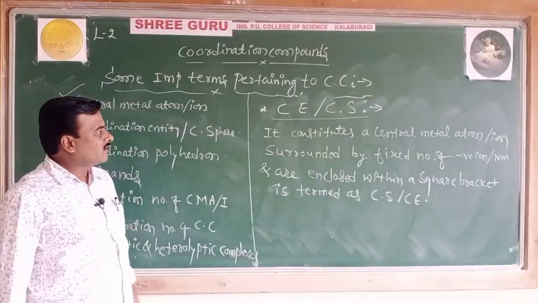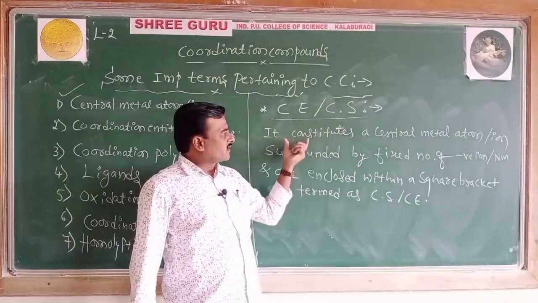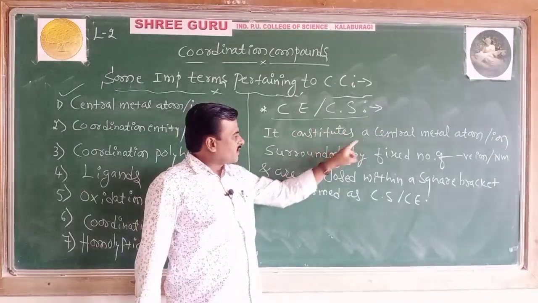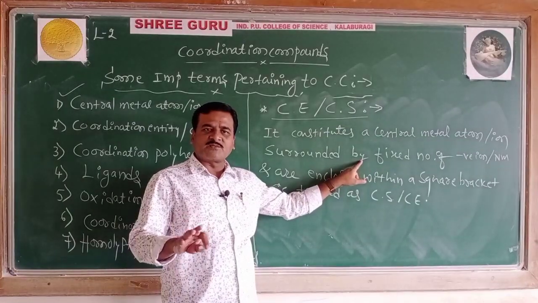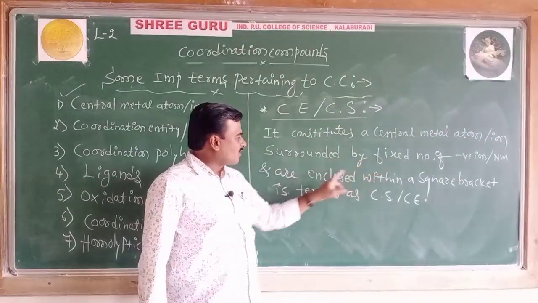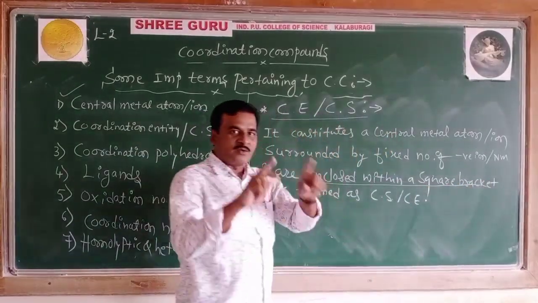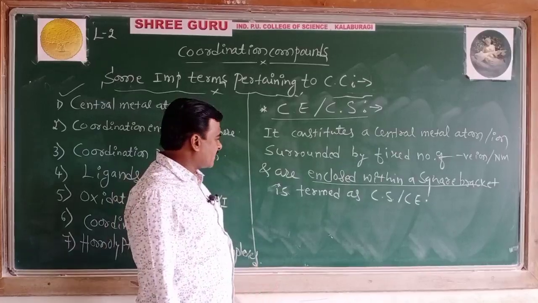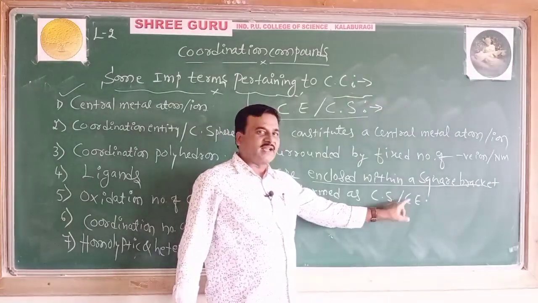I repeat. What is a coordination sphere or a coordination entity? It constitutes a central metal atom surrounded by a fixed number of ligands, negative ions or neutral molecules, enclosed within the square bracket. They are written within the square bracket and are termed as coordination sphere or coordination entity.